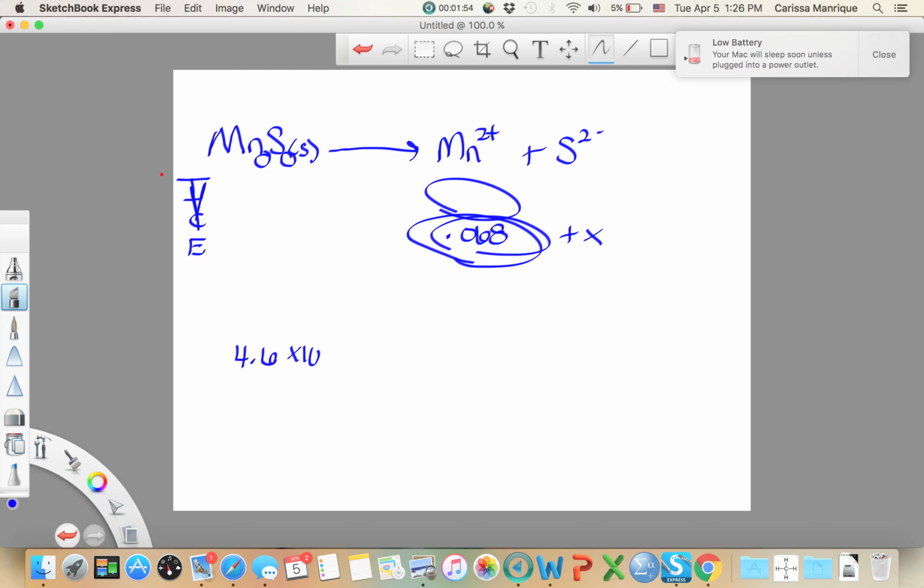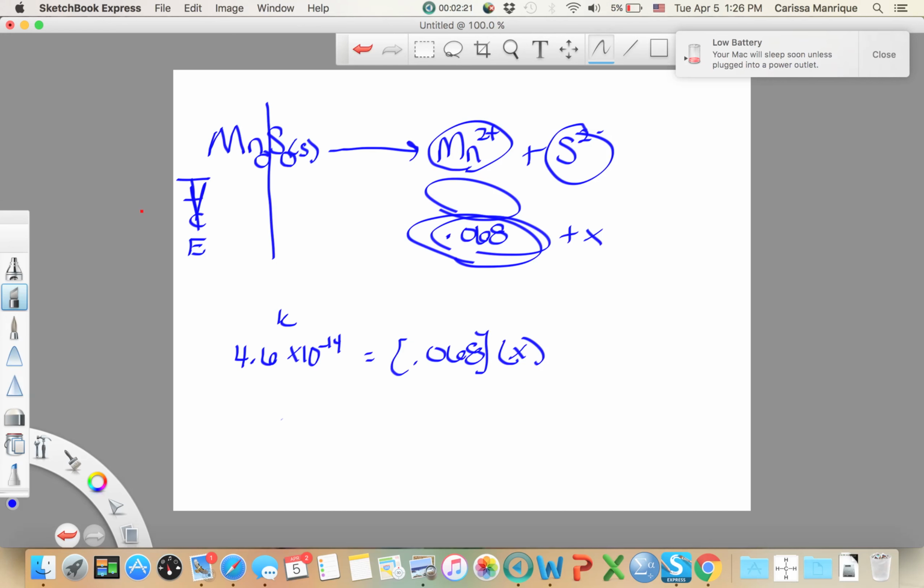We have 4.6 times 10 to the negative 14 equals 0.068 times X. Now I'm just setting up the K value. K is products over reactants. When you have a solid, you don't include it, so our products is this times this. This is X, we don't know how much it is at equilibrium, and we know this one here is 0.068.